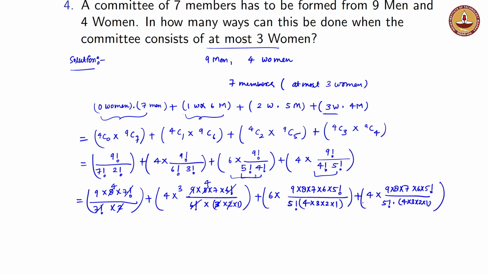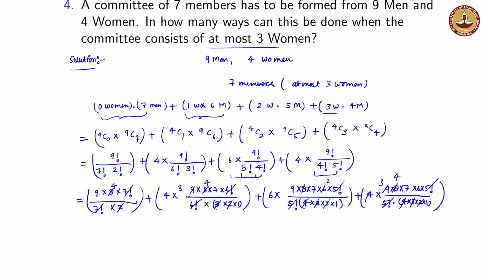Here 5 factorial will get cancelled out, 4 will get cancelled out from here, it will be 3 and it will be 4. Here 5 factorial will get cancelled out, and 4 times 2 is 8 which will cancel out, and here it will be 3 times 2 which will be 6.